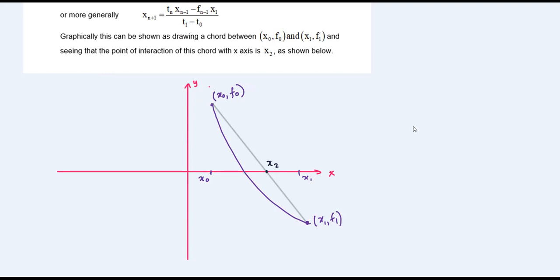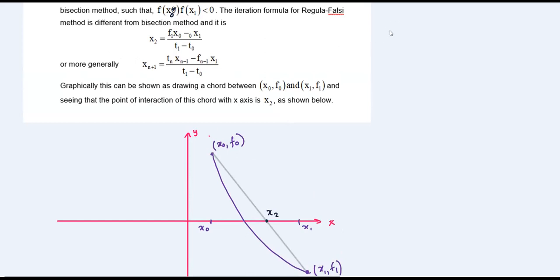So what we do is, the equation of this line will be y minus y0, that is f0, y minus y0 is equal to the slope times x minus x0. Now this is the straight line joining these 2 points. Now put y equal to 0.